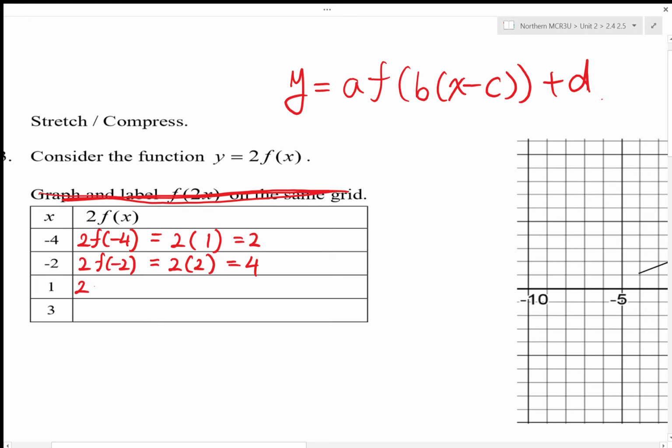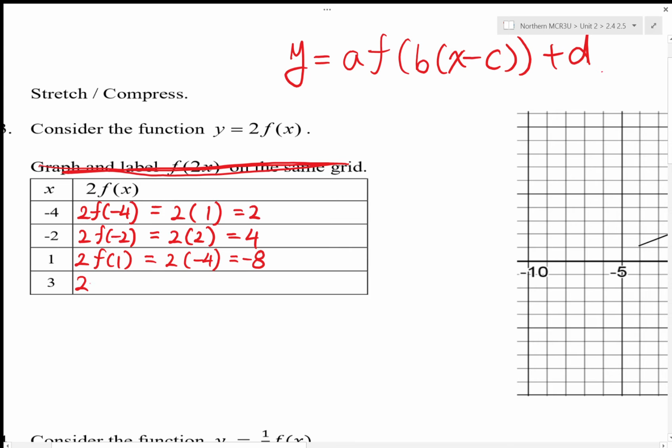Now, f(1) was negative 4, so it will be negative 8. And lastly, 2 times f(3). Now f(3) was, I believe, 3, so 2 times 3 gives me 6. So these are my new y values, and let's see whether with these existing x values and these new y values, we can come up with a new graph.